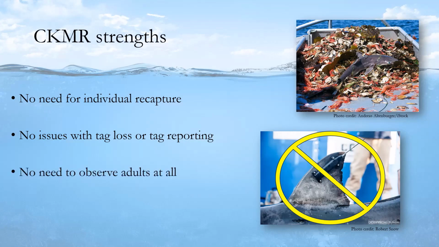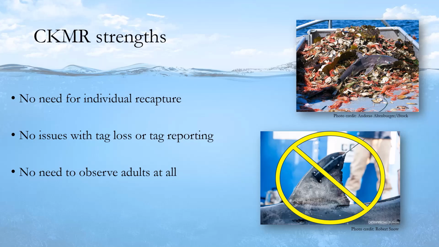And there is, in fact, no need to observe adults at all to gain insight into the adult population dynamics. This can be very helpful for species where habitat use shifts during ontogeny. Many sharks, for example, spend time near shore as juveniles, where they're readily available for sampling before they transition into a more pelagic and difficult to access environment as an adult. These are definitely not all of CKMR's strengths, but they are 3 of the big ones that can give CKMR a leg up over other abundance estimation methods.